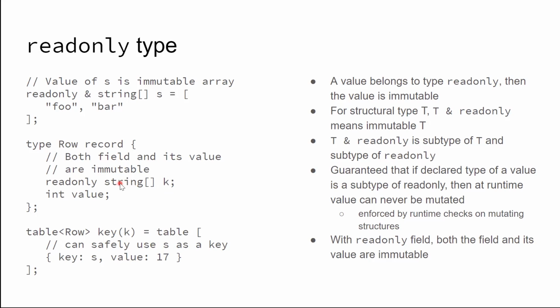Read-only means that you can't do either of them. It means I can't assign a new value to the field, and it means that the value stored in the field is immutable, so I can't mutate the array by changing the value stored in one of its members.